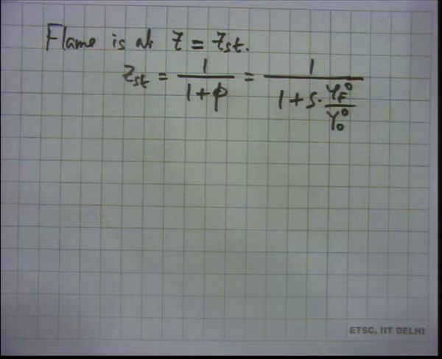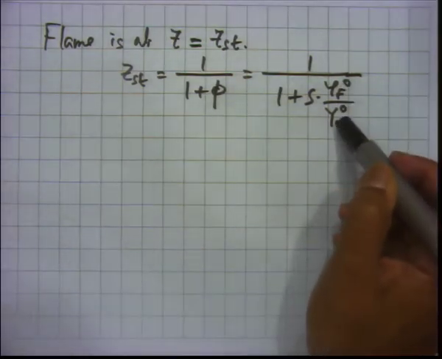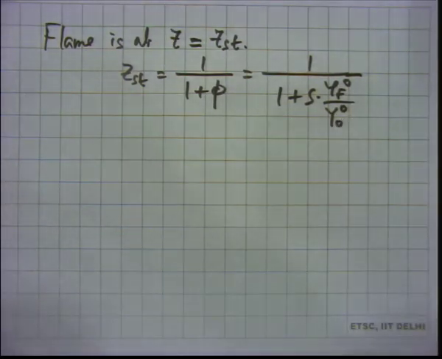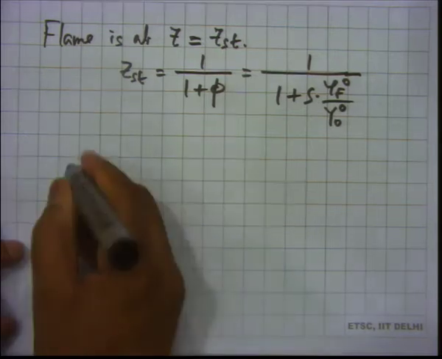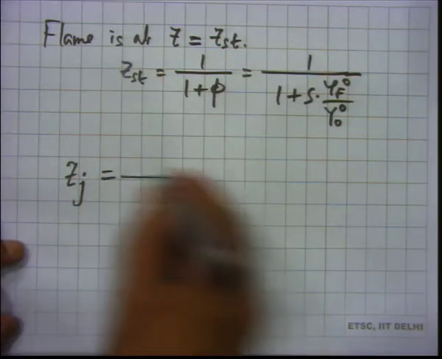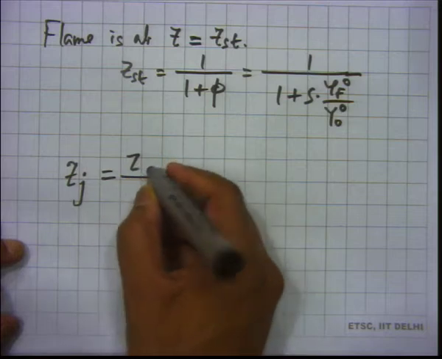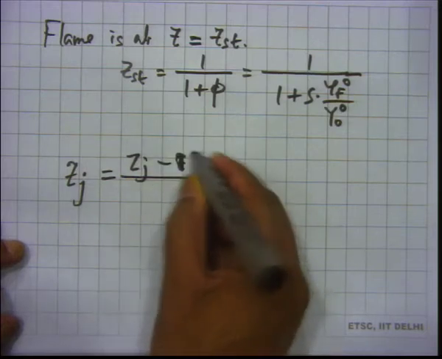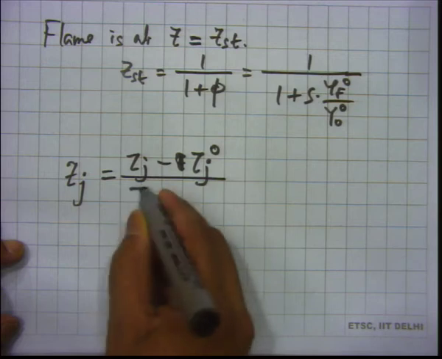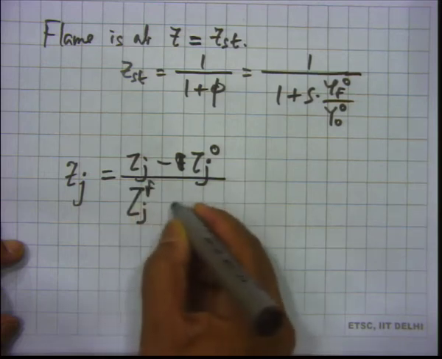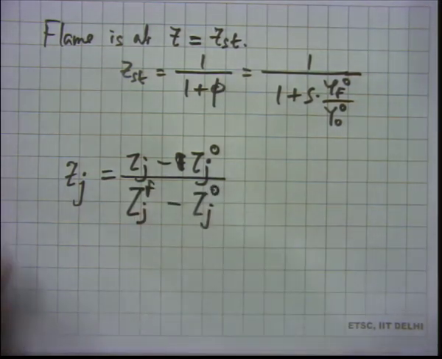Where did we first get this? This sort of thing was first encountered when we were writing small z from capital Z. We wrote small zj as zj minus, we did this, if you remember.